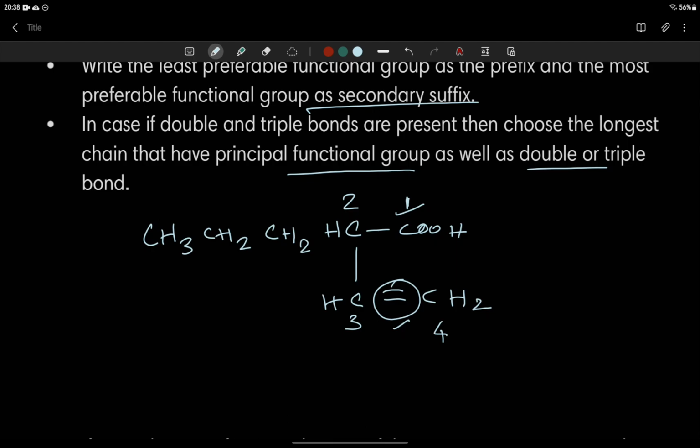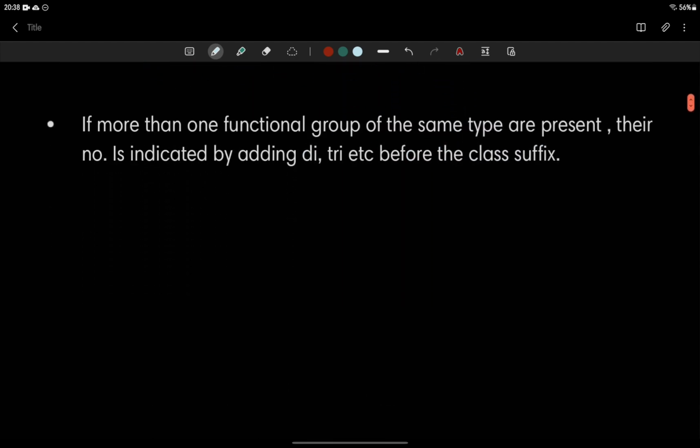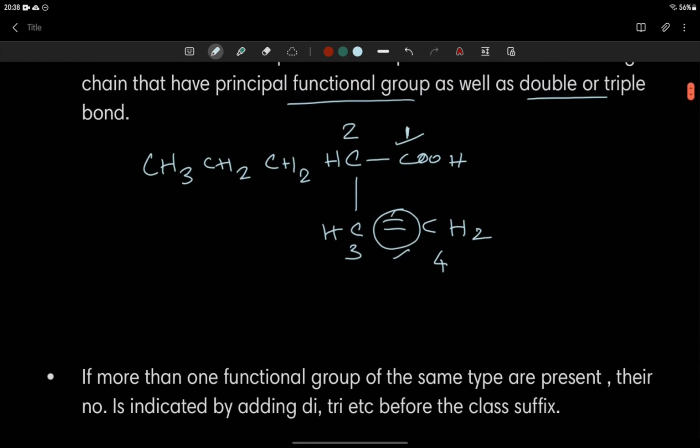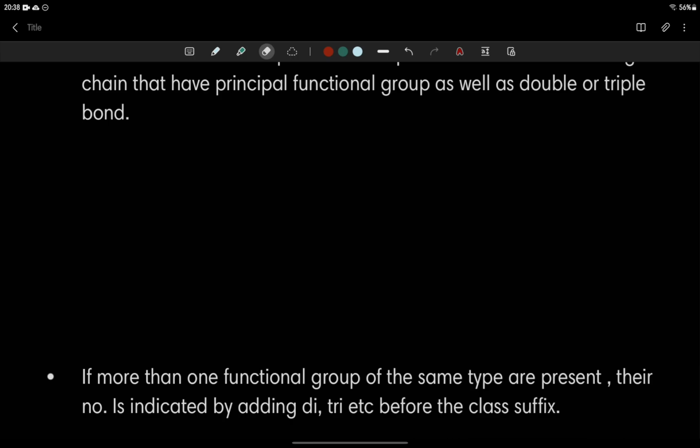The longest chain should bear the functional group as well as the double bond. Now if more than one functional group of the same type is present, then their number is indicated by adding di, tri, tetra, and like that. We will come to that later, but first, for polyfunctional groups, let's see one question.